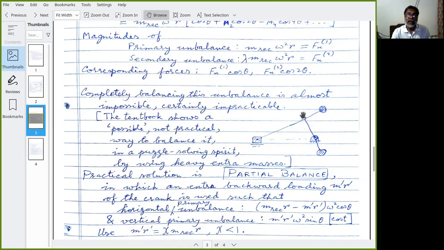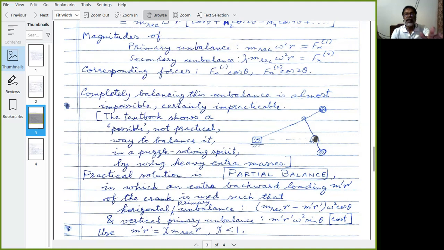Then that entire mass and the crank mass together is provided a sufficient counterweight so that the whole thing has a CG which does not move at all.